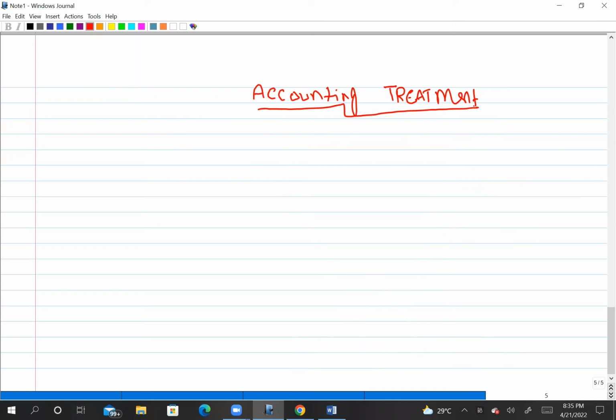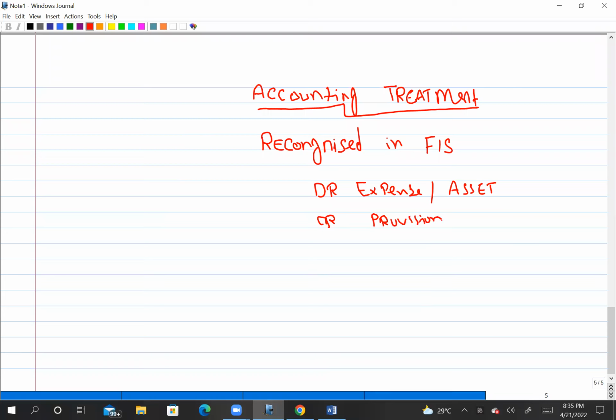Now, the accounting treatment of provision. Dear students, provisions are recognized in financial statements. It means the expense or asset will be debited and the provision will be credited in a financial statement.